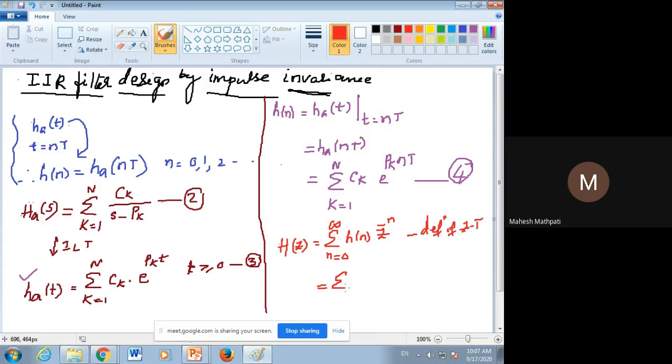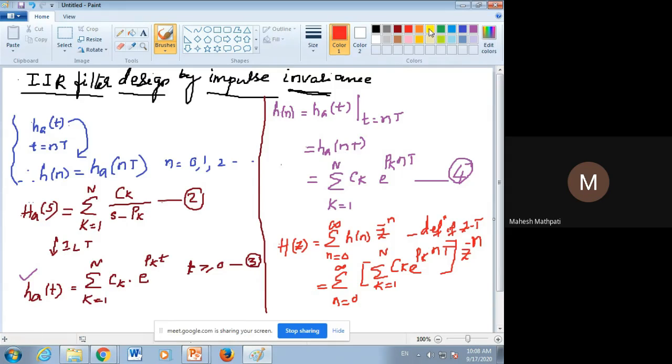So substituting h of n, with n from 0 to infinity: summation k equals 1 to n, c k e power p k n t, multiplied with z to the power minus n.